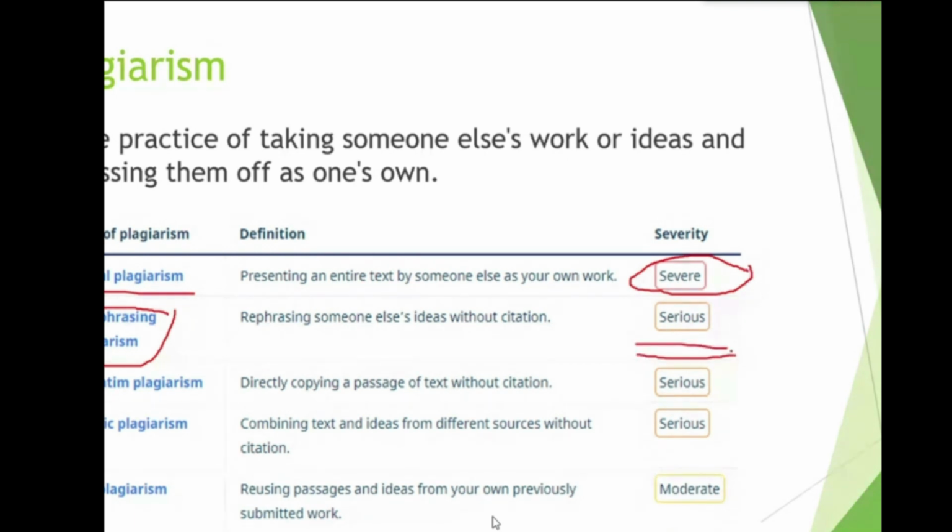And verbatim plagiarism is directly copying a passage without citation, and mosaic plagiarism is combining text and ideas from different sources without citation. So somebody is smart enough to take 10 documents and use one line from each, and the combined one is claimed as your document. That is what you call mosaic plagiarism.